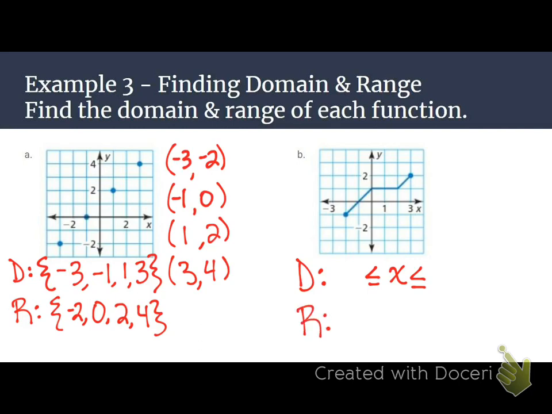I'm going to do the same thing with the range. I'm going to sandwich y in between my inequality symbols. So then we have to think about what numbers go on them. For x, what's the smallest or lowest x coordinate that you think I would come across? Not -3 because we don't have a point out here at -3. That's close though. -2.